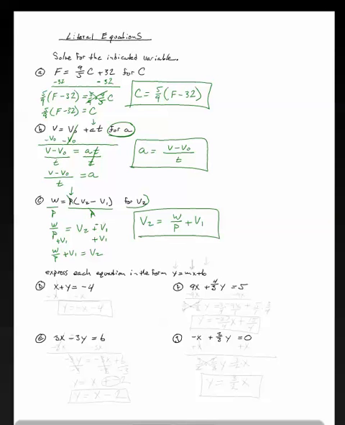Alright, so the other sort of literal equations that we're going to work with, and we're actually going to work with these much more in Math 097, says express each equation in the form y equals mx plus b. And later on we're going to talk about the fact that this is something called slope-intercept form. It's going to be very important later on.